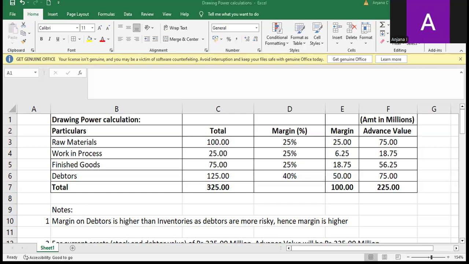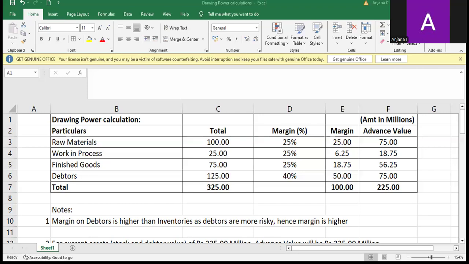And in case of finished goods, it will be 56.25. From the raw materials, we have to reduce the customer's margin to arrive at the loan amount. Similarly, we have assumed that debtors have a 40% margin. So, assuming 40% margin on debtors, the value of debtors that would be funded by the bank is 75 million.